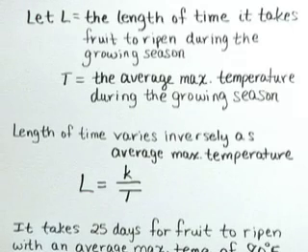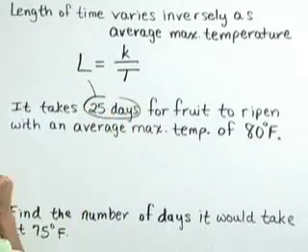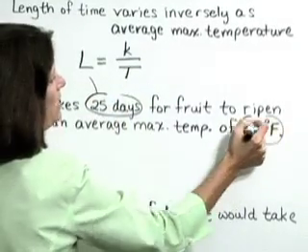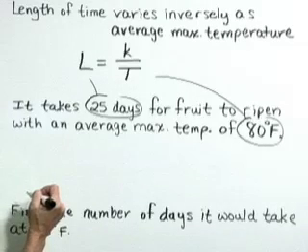Now, as a second part to the problem, we're given a certain scenario. We're told that it takes 25 days for fruit to ripen when there's an average maximum temperature of 80 degrees Fahrenheit. So I'm going to substitute that 25 days in for L and our 80 degrees in for the average maximum temperature.